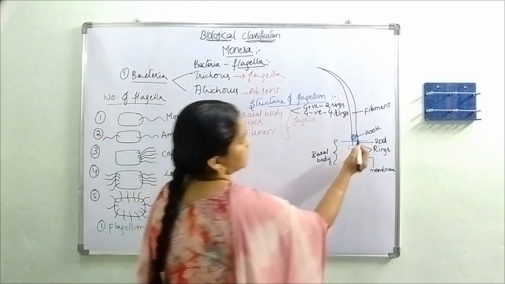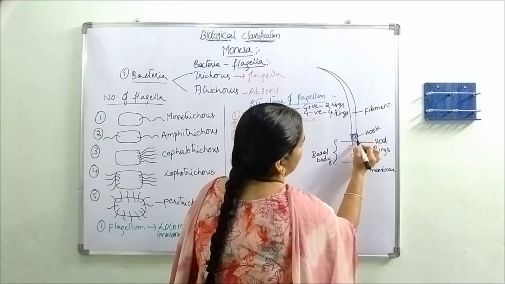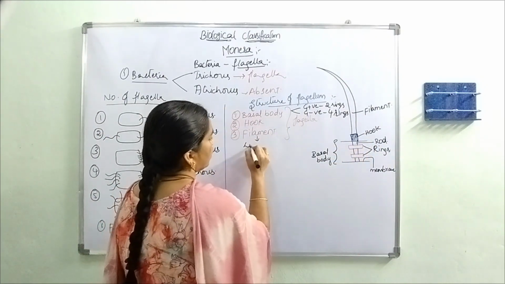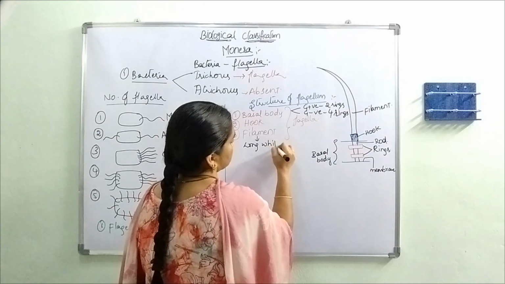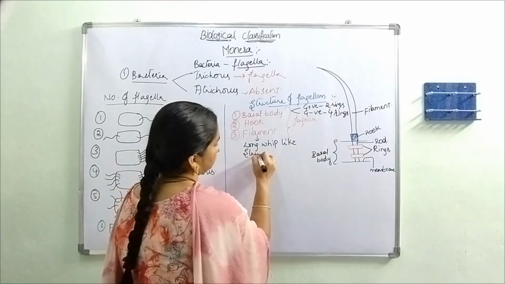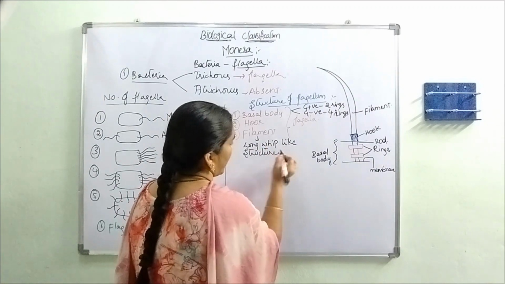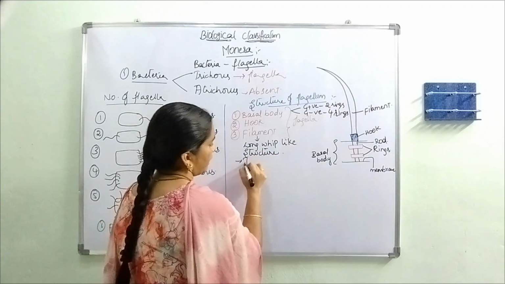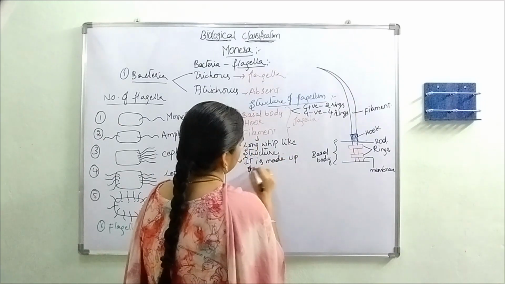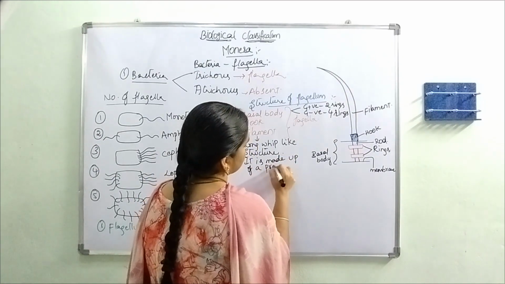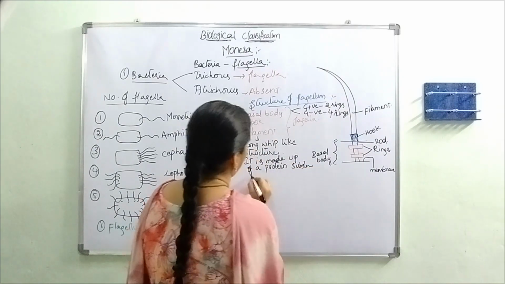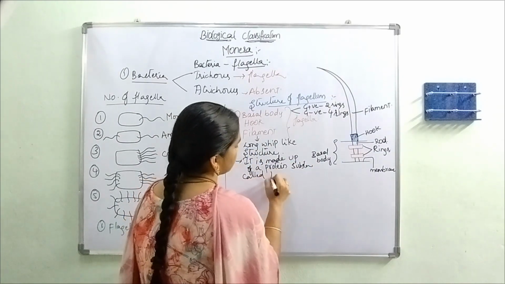And the hook is a stump-like structure, and the filament is a long whip-like structure, and it is made up of a protein substance called flagellin.